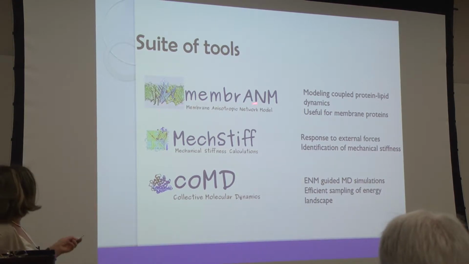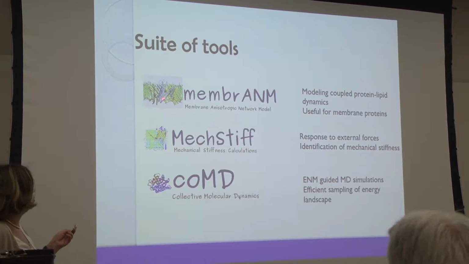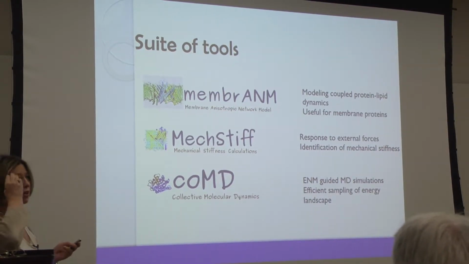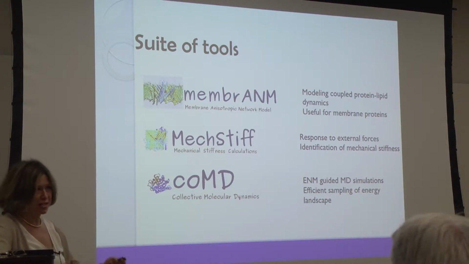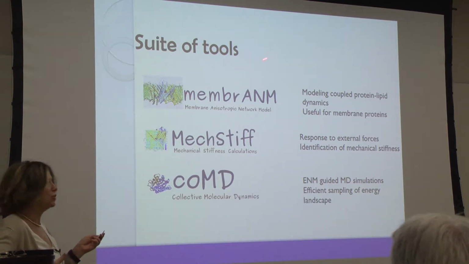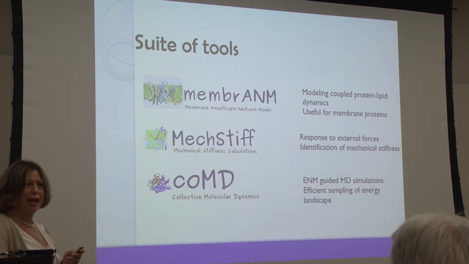I'll spend some time talking about this membrane version, how membrane proteins embedded in a lipid bilayer, which itself is modeled as a network, are being analyzed. Just a background on that. Mechanical stiffness is another property that can be easily calculated.